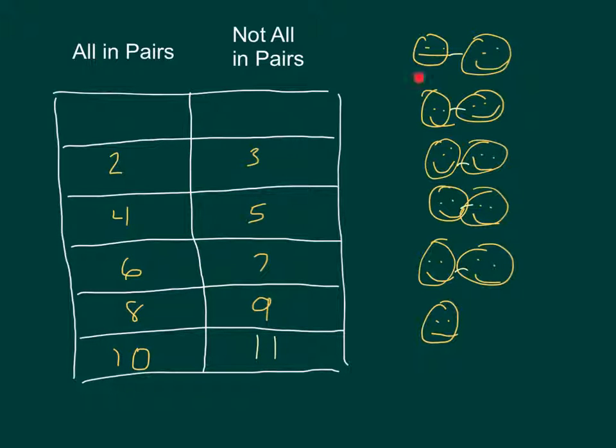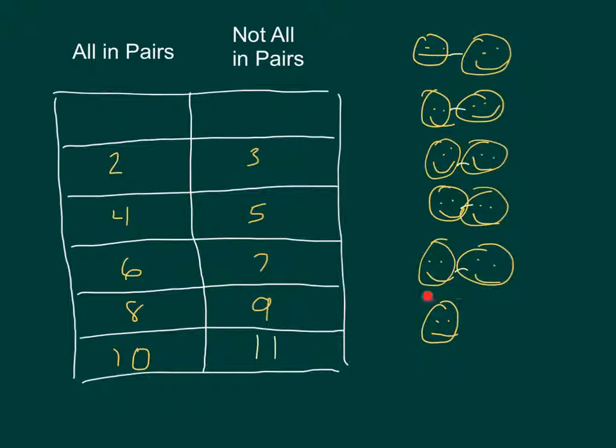Whenever one of our smiley faces could be paired with another number, that could be called an even number. This side of my column showed even numbers. So 2, 4, 6, 8, 10. These were all even numbers because they could be made into pairs.